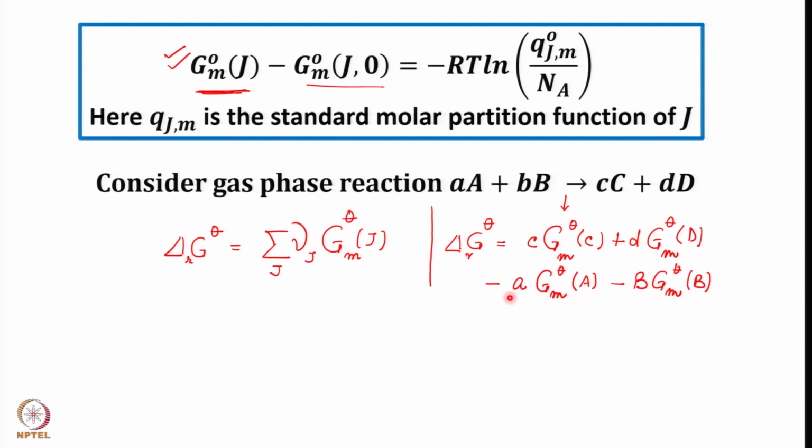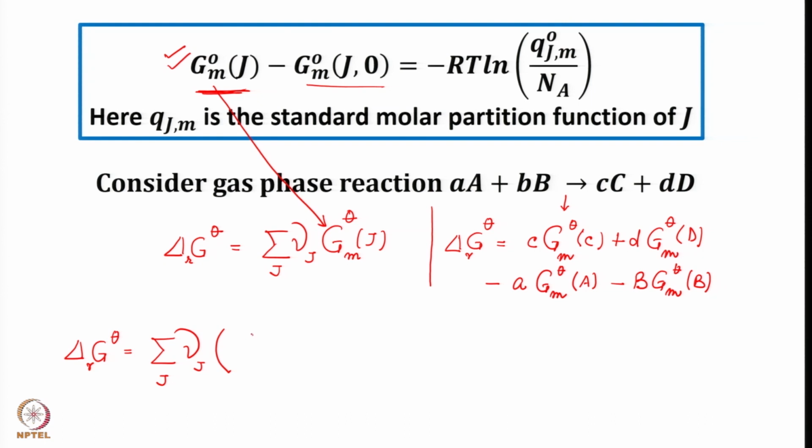Let us go step by step. I am interested in finding this expression: summation over J of nu J. I will retain nu J over here, and in the bracket I will use this expression over here.